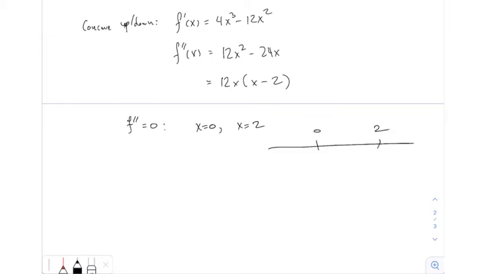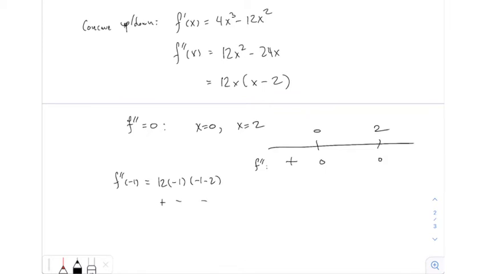And again, I'm going to plug in points in between. So I'll start with -1 on the left side. F double prime of minus 1. Let me just put this. I usually put a little 0 here and a little 0 here. That's where the f double prime is 0. On the left side, f double prime of minus 1 is 12 times minus 1 times minus 1 minus 2. This is positive, negative, and negative. So that's going to be positive over there on the left side.